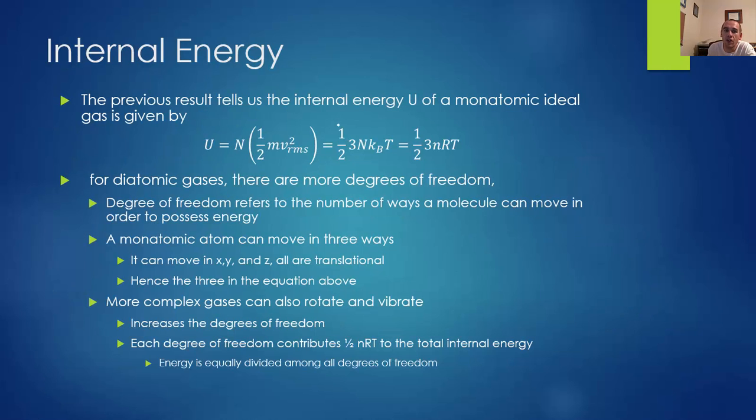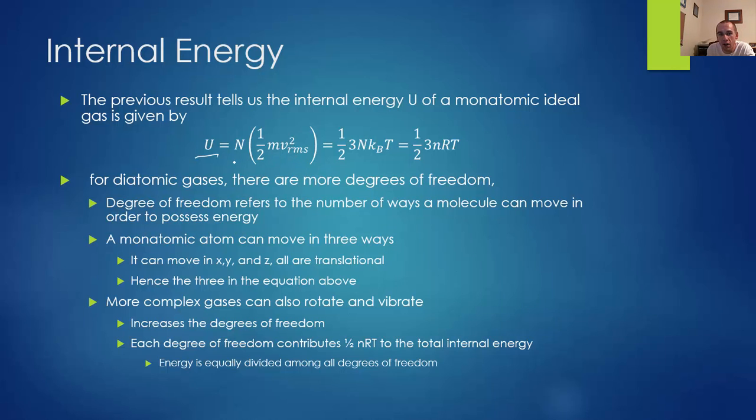Now, internal energy is the total energy of the particles in a system. For an ideal gas, that essentially means kinetic energy. However, there might be some extra degrees of freedom, which we need to take a look at. So U is the symbol for internal energy. RMS is root mean square. Remember, we did everything in terms of average velocities; well, we're using root mean square, that's our average velocity.